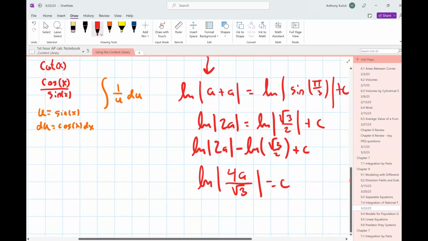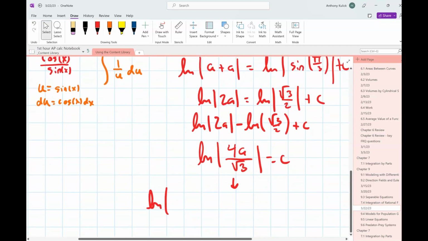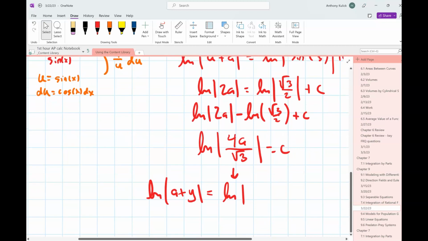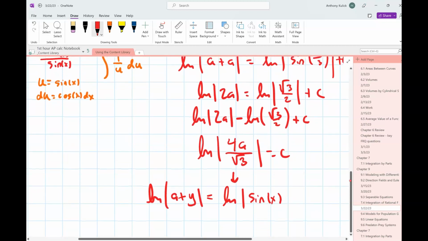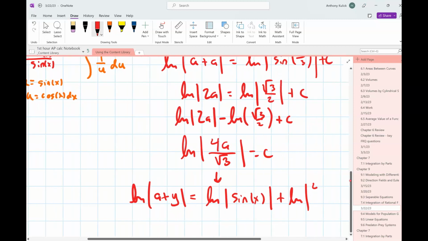So we can say then the natural log of a plus y equals natural log of sine x plus natural log 4a over root 3.